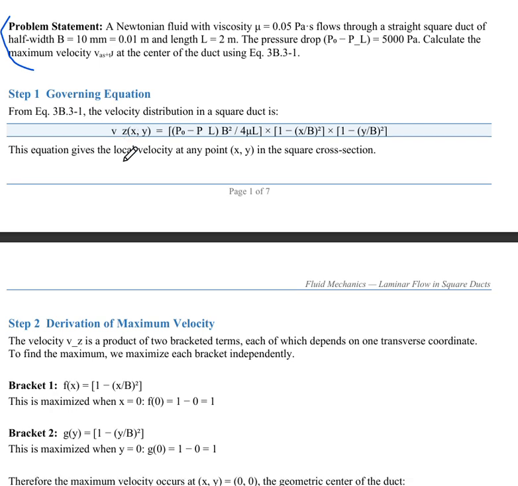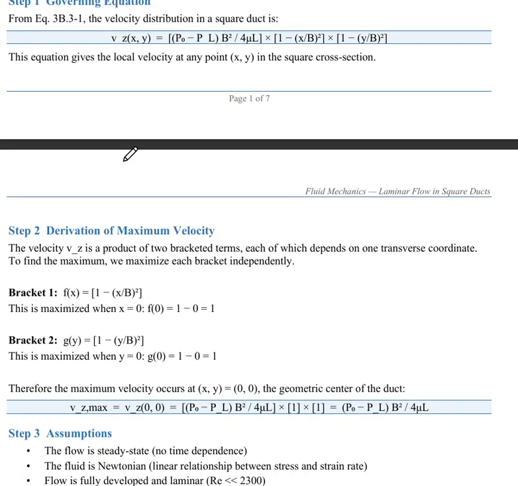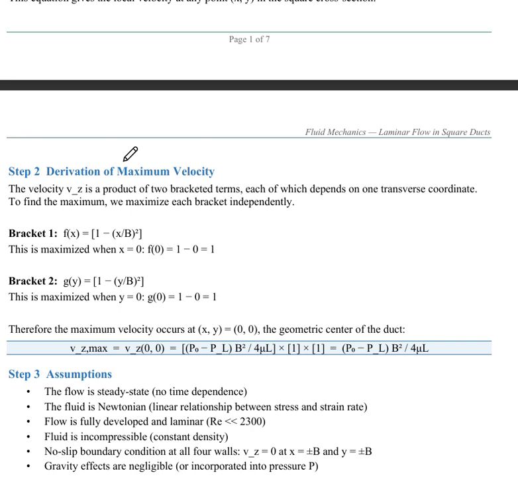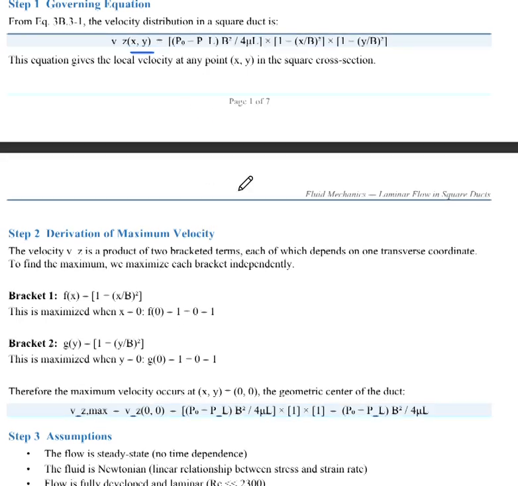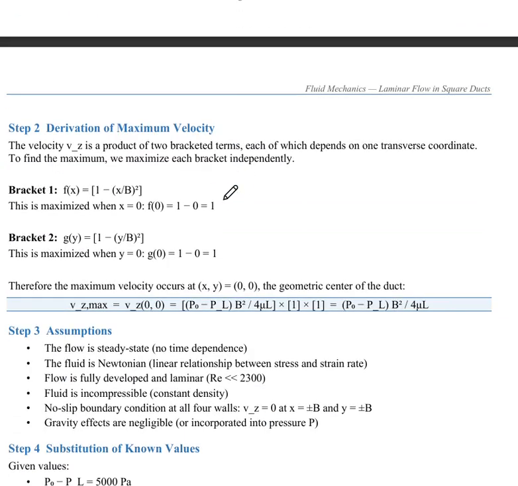The method used here is by maximizing the coordinates, x y coordinate, at x equals 0 and y equals 0. The solution proves that the maximum velocity occurs at the exact geometric center, that is 0, 0.